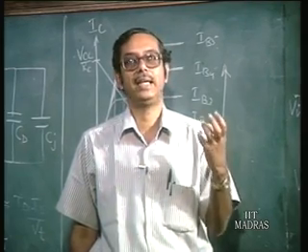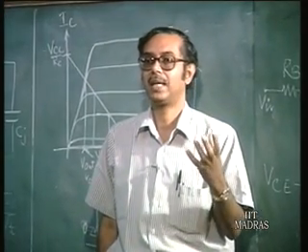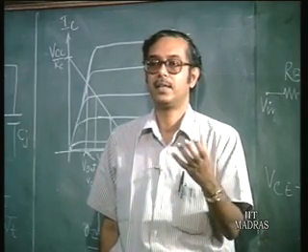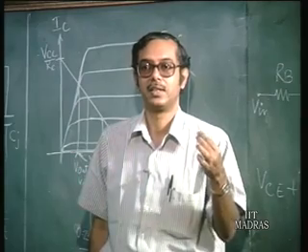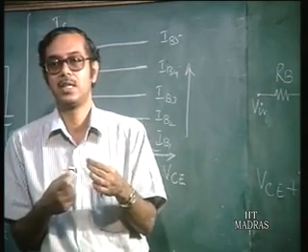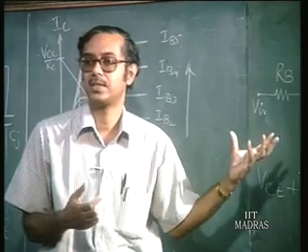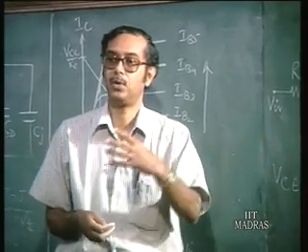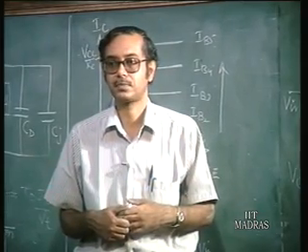In the initial days, the digital circuit began with switches only. You had electromechanical switches like relays, which were used to do digital functions. Now the advantage is you have a bipolar transistor which is doing the same thing. What is the difference between a bipolar transistor and, for example, an electromagnetic switch?